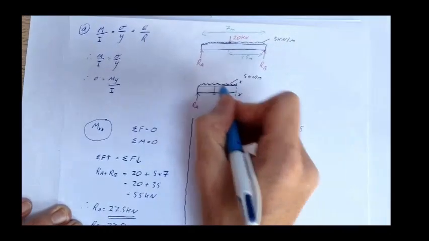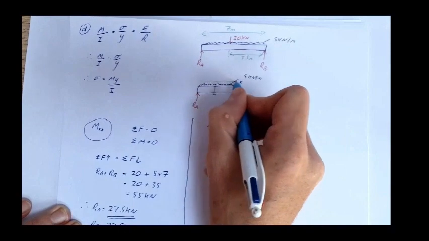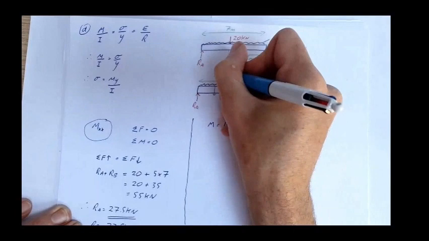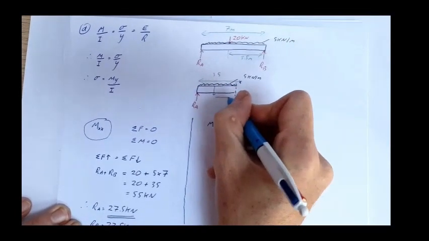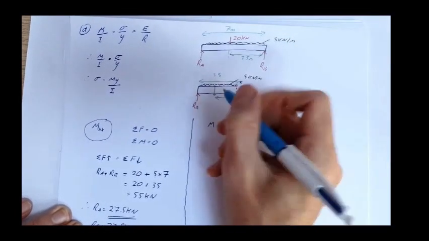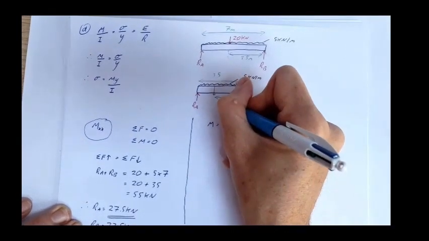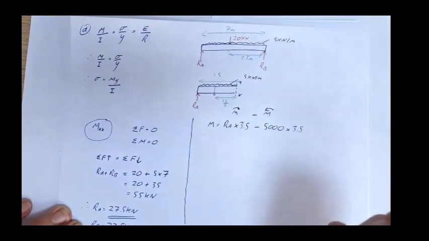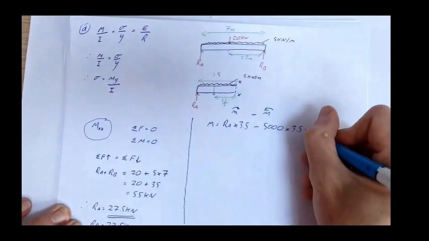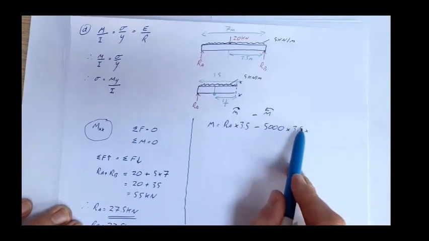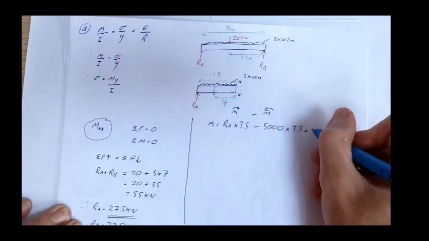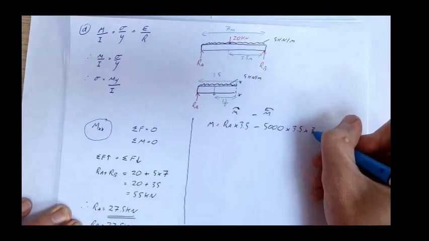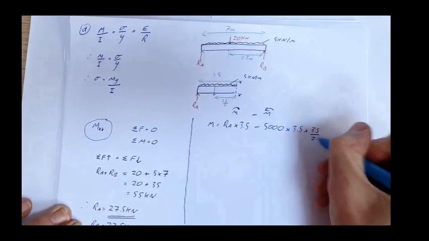So if this distance here is 3.5, this distance here is going to be 3.5 over 2. So that's the magnitude of my force, times the distance to that force, 3.5 over 2.